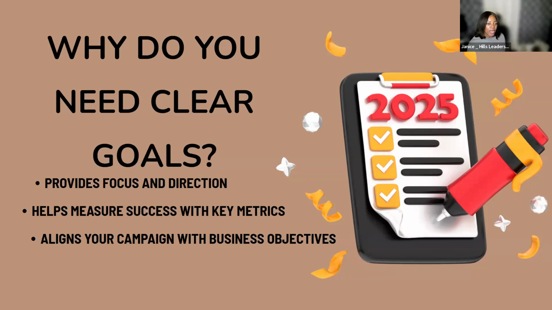So, whether you're trying to boost your brand awareness because, hey, you're the new kid on the block, or if you're trying to nurture those customer relationships, because guess what? They bought something from you on a Black Friday sale, but now it's February. Have you had any contact with those particular customers since then? So we're trying to make certain that we're nurturing that relationship so that it becomes stronger.